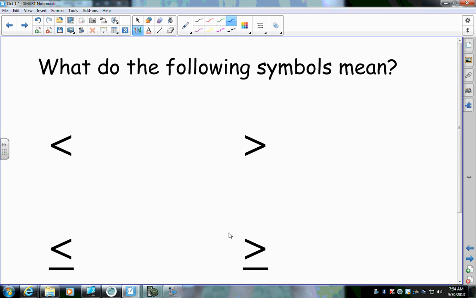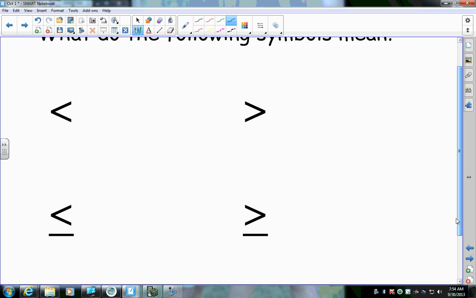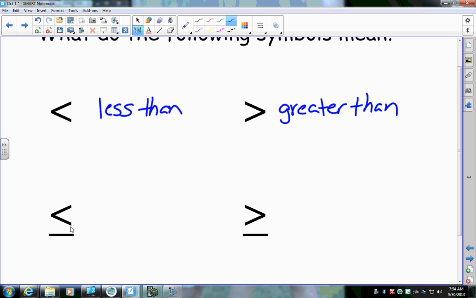So first off, what do these symbols mean? This symbol right here, what symbol is that? That is less than. You should have that down on your paper. This symbol, because you're reading it from left to right, is greater than. This symbol down here is less than or equal to.